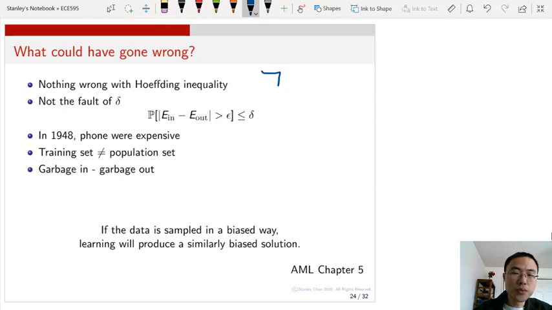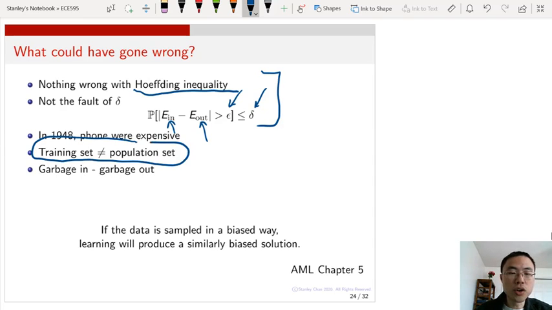So here is what we have for the Hoeffding inequality. And there is nothing wrong with the Hoeffding inequality because the Hoeffding inequality is still predicting the in-sample error and also the out-sample error. Your epsilon is correct, your delta is correct, your in-sample distribution and also out-sample distribution, they're all fine. The only thing that is not right is that your training set is not the same as the population set.